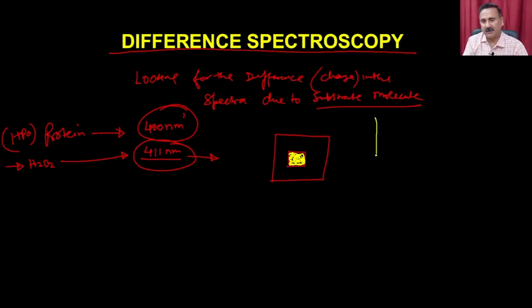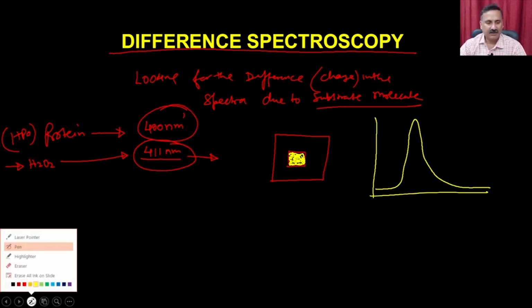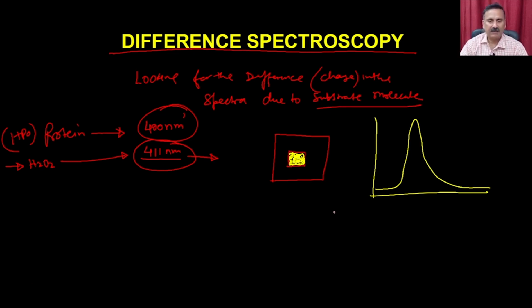So what will happen is that it is actually going to show you an absorption spectra like this. And because of this, it is having the absorption spectra, right? Now, if I have added the hydrogen peroxide, at low concentration, for example, if I add 1 millimolar, it is going to give you some amount of molecules.